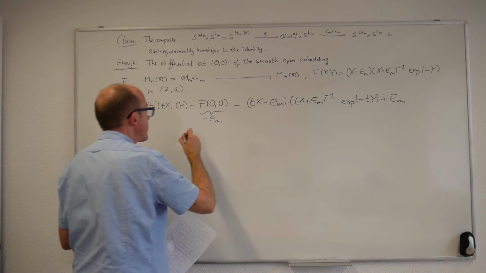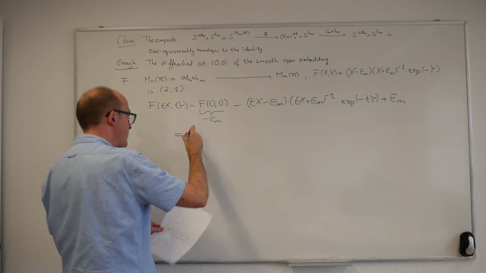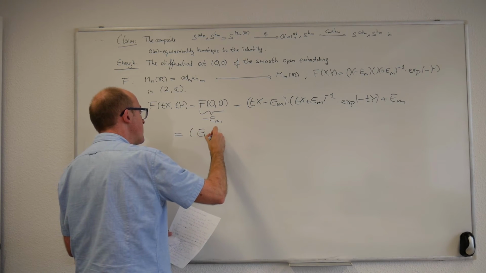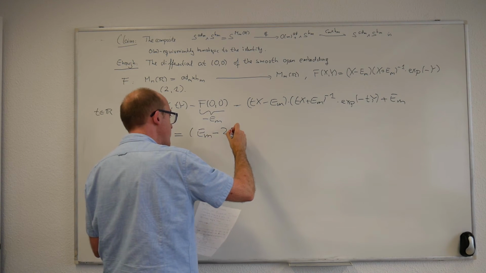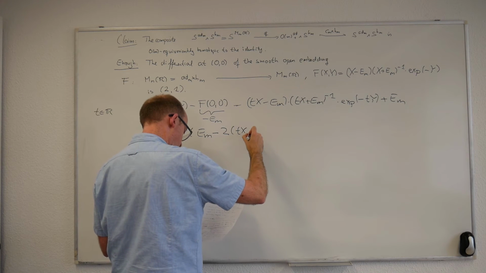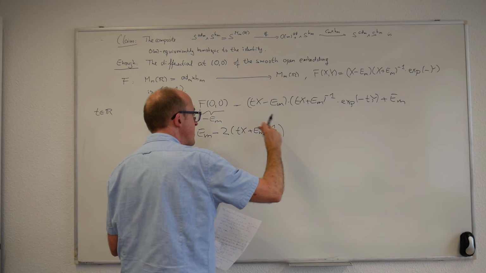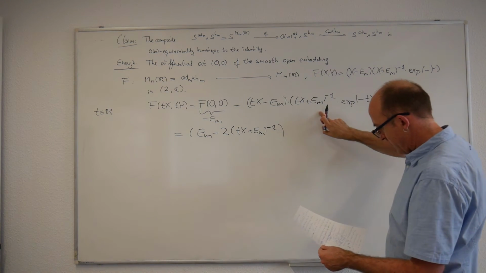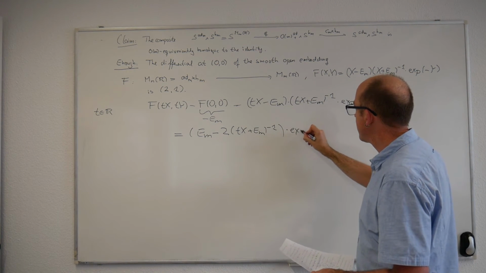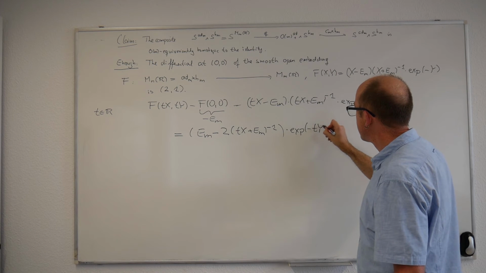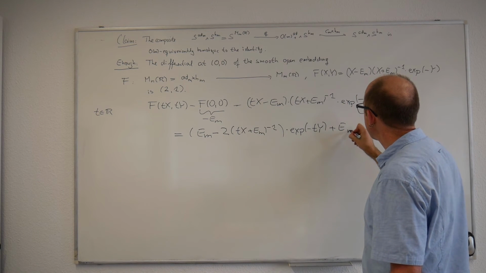Now, this term can be rewritten by simple algebraic manipulation. This is (em minus 2 times (tx plus em) inverse). That's just rewriting the product of these two factors, and the rest I'm copying. X minus ty plus em.